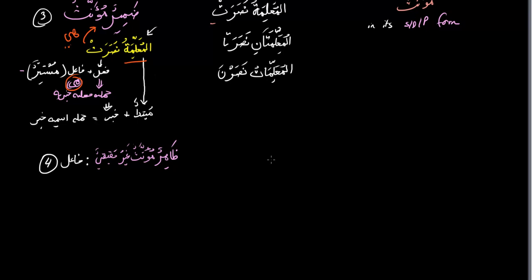طلعت الشمس، طلع الشمس. Okay. Oh, sorry, طلعت. So here 2 examples are given. طلعت الشمس.